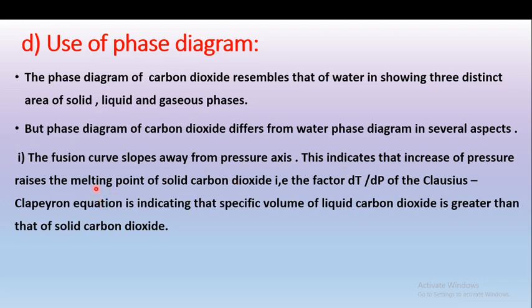So if we increase the pressure, the melting point of solid carbon dioxide increases, and therefore the factor dT upon dP of the Clausius-Clapeyron equation. You may have studied the Clausius-Clapeyron equation.